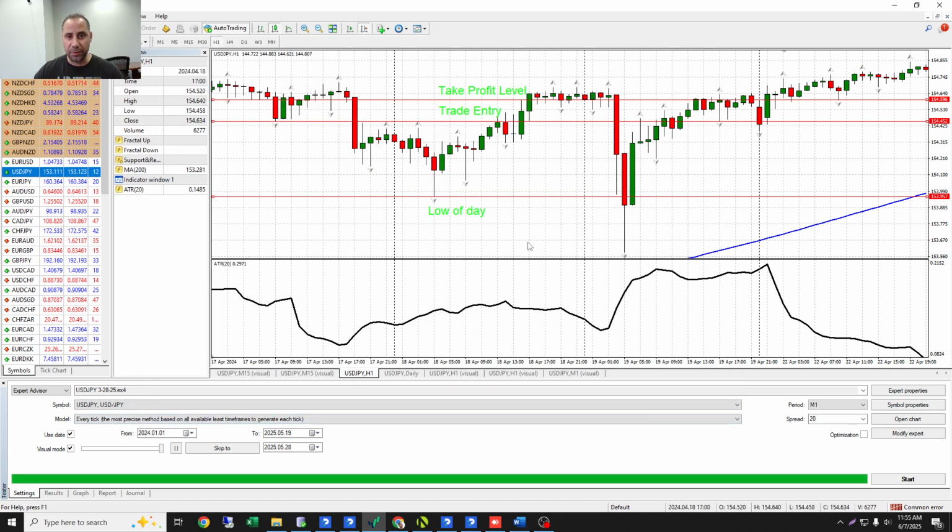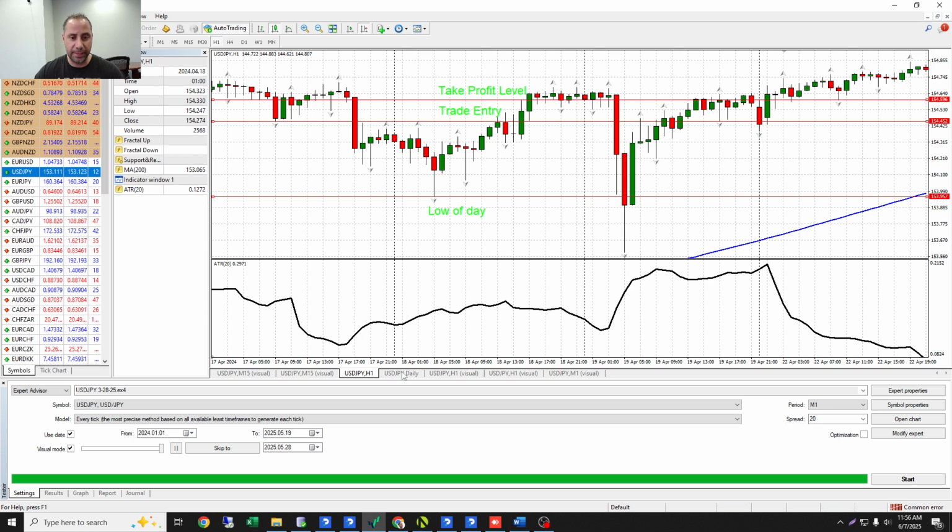Okay. So if we look at the day, let's do 4/18/24, for example. Let's just say our entry was triggered on this candle, right at this horizontal red line. The way this is calculated is, first off, we need to get the value of the 1 day 20 period ATR.